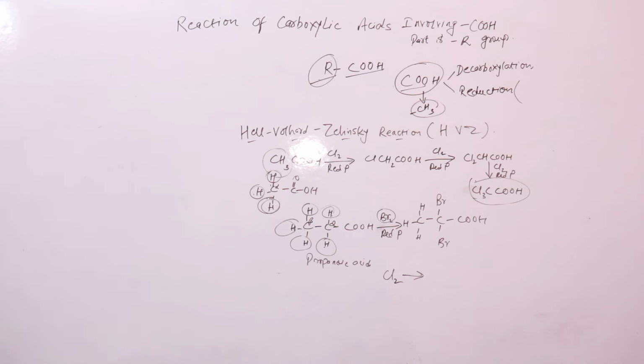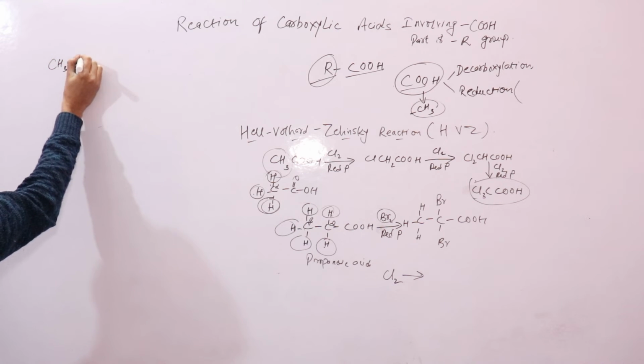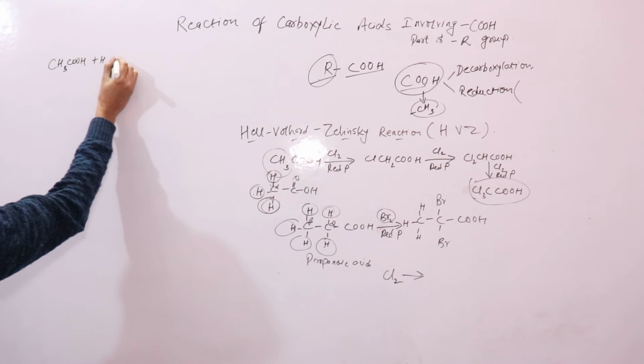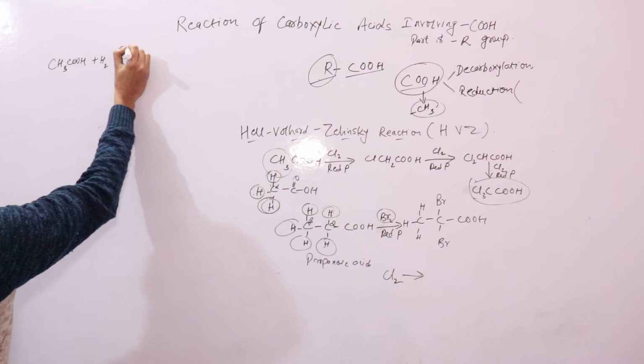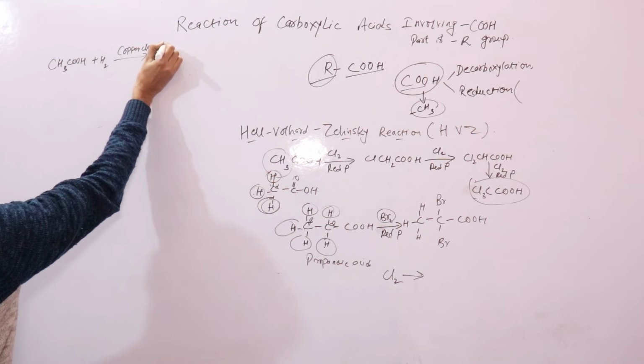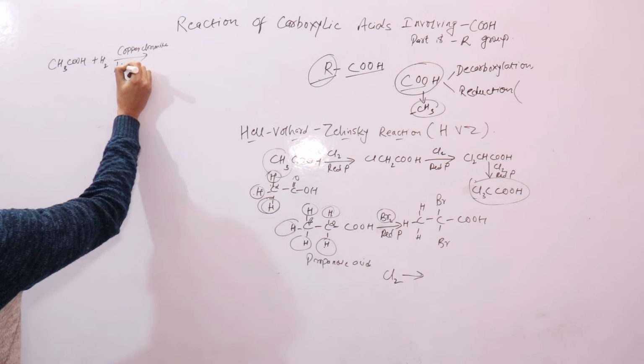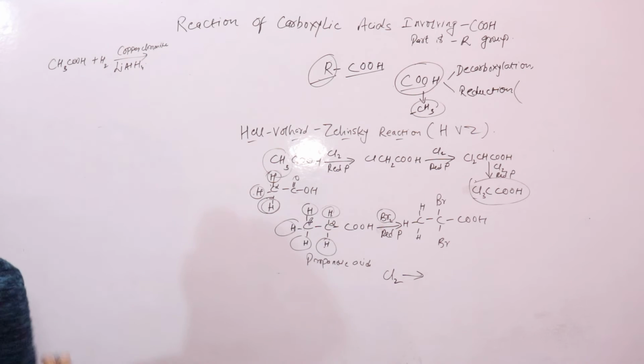In partial reduction, you treat acetic acid with hydrogen in presence of copper chromite, right? In presence of copper chromite or lithium aluminium hydride, right?